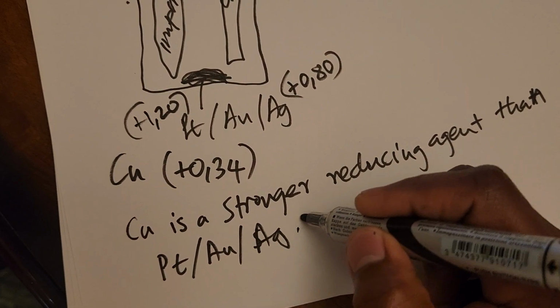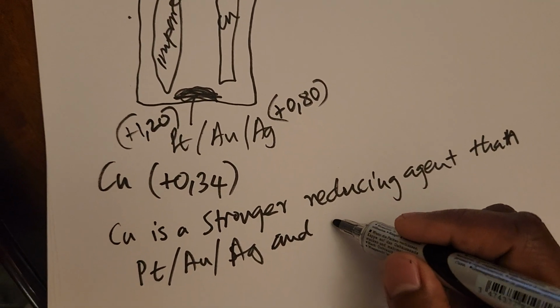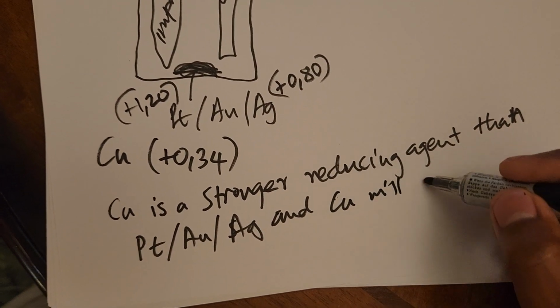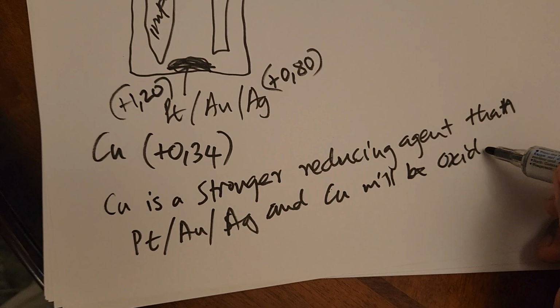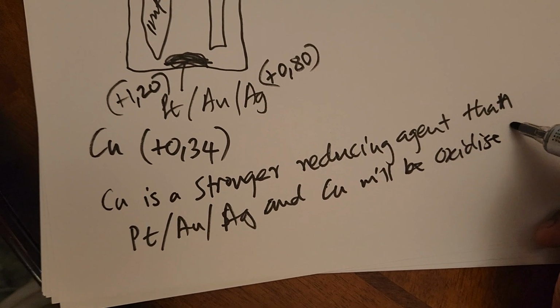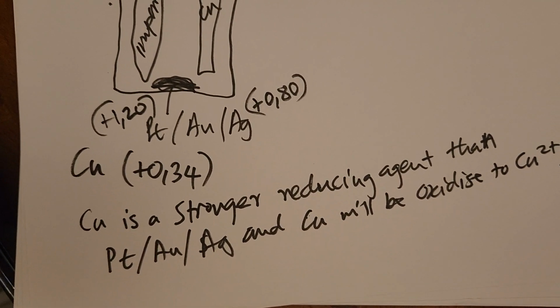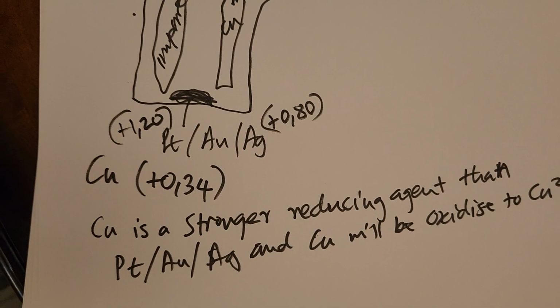Therefore, it's only copper that will be oxidized at the anode, not these metals, oxidized to form copper ions. I think that is the reason why the precious metals will remain.